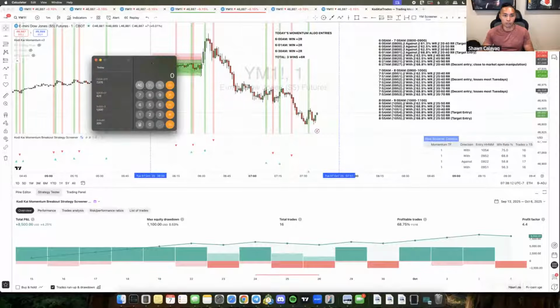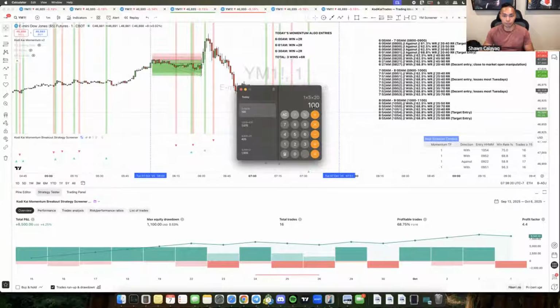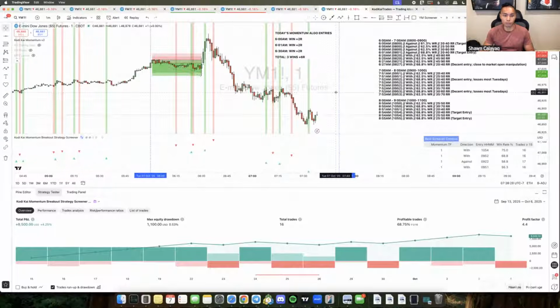If you wanted to do one contract, that would be 1 times 5 times 20. It's $100, very, very low risk. So you could risk a minimum of like $100, but you just need the 10 to 12,000 to cover the margin, because the margin requirements are not super high. You probably could start with less, but I would say start with a good amount to have a cushiony account. I would say 10,000 is probably going to be the bare minimum.